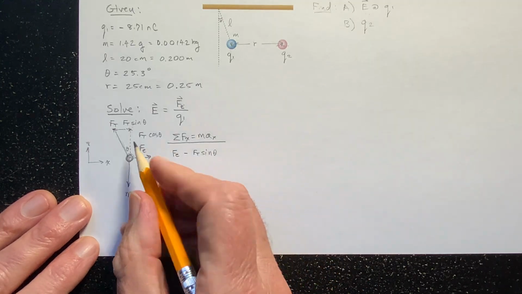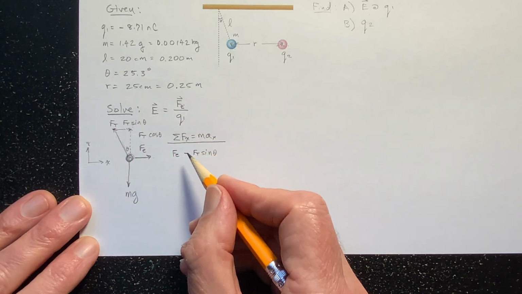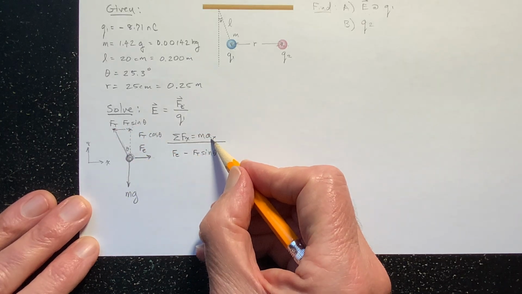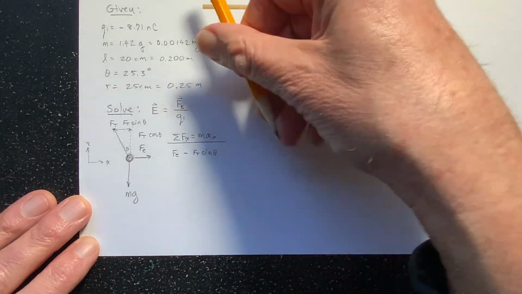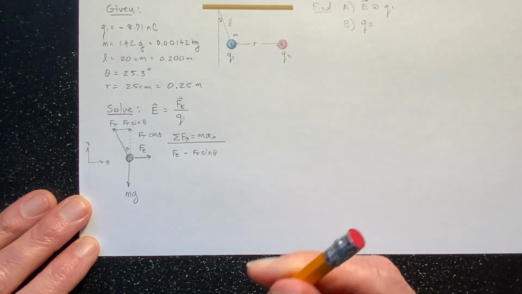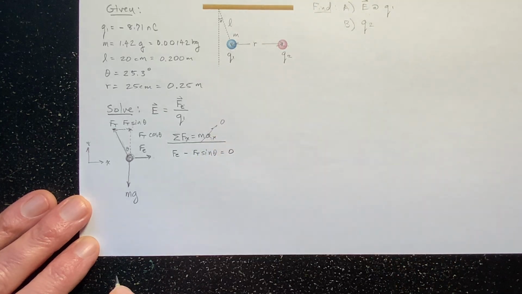There are no other forces in the x direction. This component and this, that's it. What's the acceleration in this problem? There is none. This pith ball is in equilibrium. It's just hanging there. So the acceleration is 0, so that means these are equal to 0.